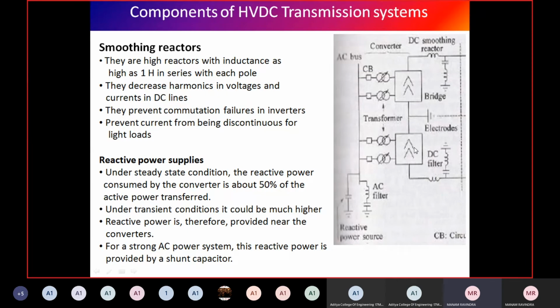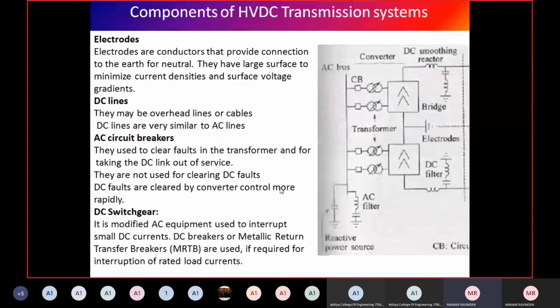So compulsorily there should be some filters or compensating devices provided near the rectification station as well as the inverter station. That means the AC filters and reactive power sources are provided at the rectifier station, and at the inverter station also some reactive power sources are provided.